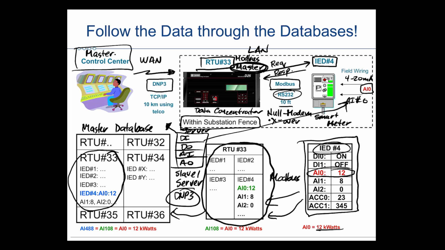So that's really the idea in this system, is to take I/O data from smart devices within the substation and move them through the network over local area connections to wide area ultimately, and bring it back to the MCC or the Master Control Center. How's all this functionality happening? Through data communications protocols of DNP3 and Modbus.